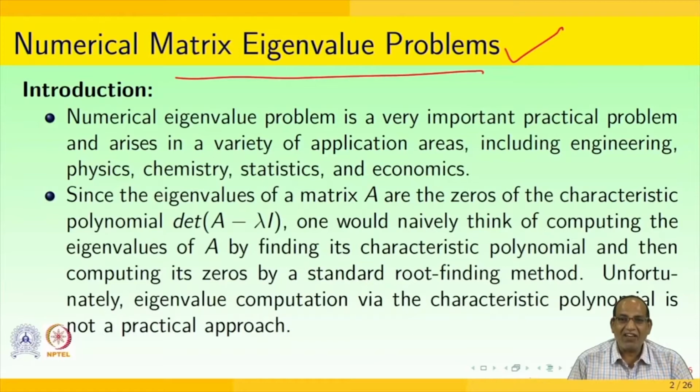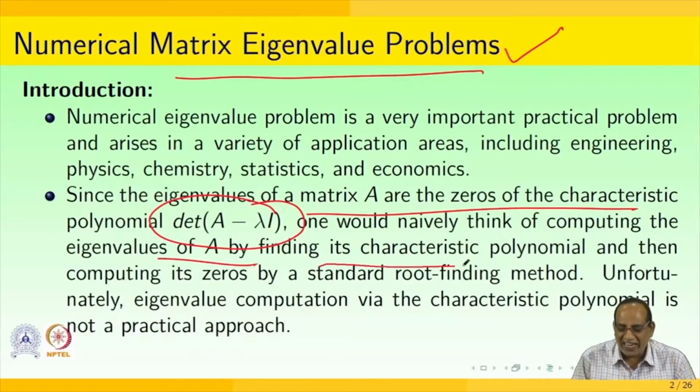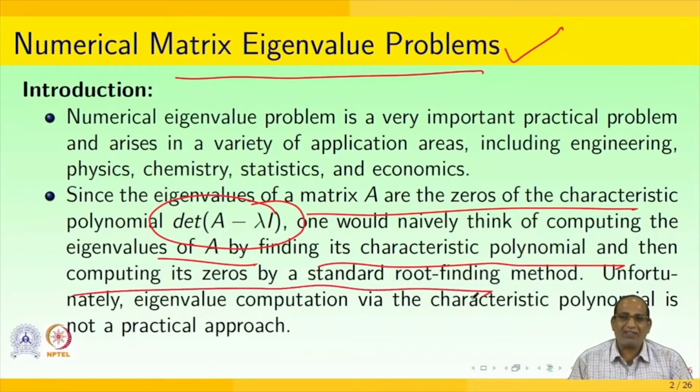Since the eigenvalues of a matrix A are the zeros of the characteristic polynomial, determinant of A minus lambda I, one would naively think of computing the eigenvalues of A by finding its characteristic polynomial and then computing zeros by a standard root finding method.